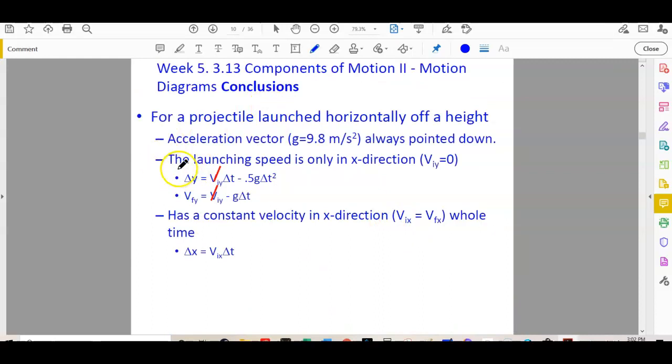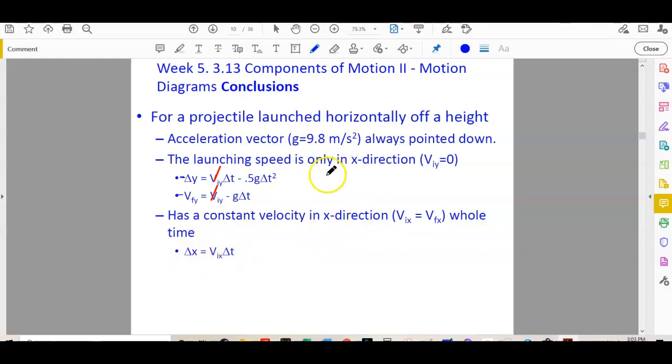In fact, its delta y is going to be dropping below its initial position, and its final velocity is going to be in the negative direction, but it's going to have a constant velocity in the x direction. So its displacement to the right or to the left is going to be at a constant velocity.